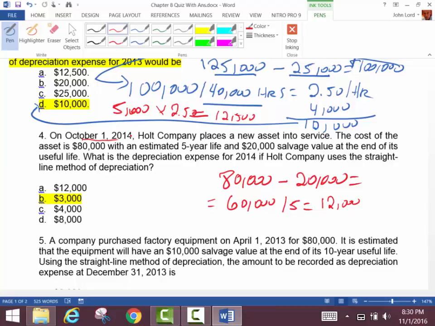I used it for how many of the 12 months? 3 of the 12 months? So I should take that 12,000 and multiply it by 3/12, shouldn't I? Now do I get the answer? Oh, wait, it's not 3/12. October, November, December. Yeah, 3 months. Okay, sorry. So do I get the 3,000 now?